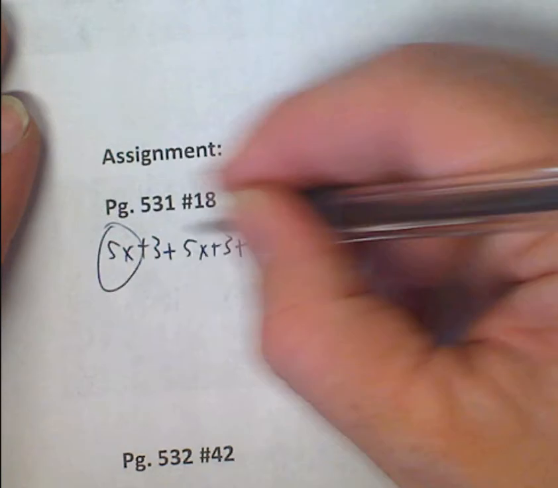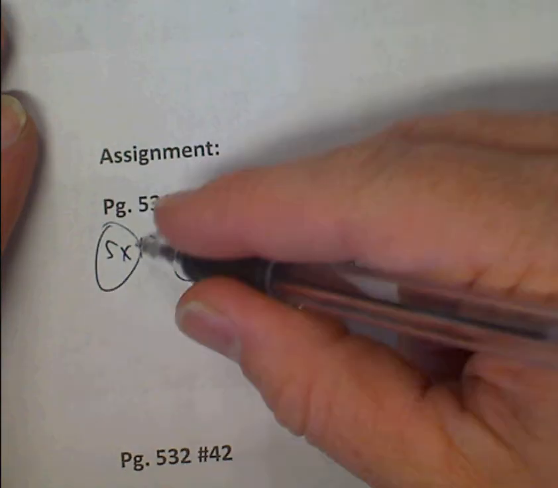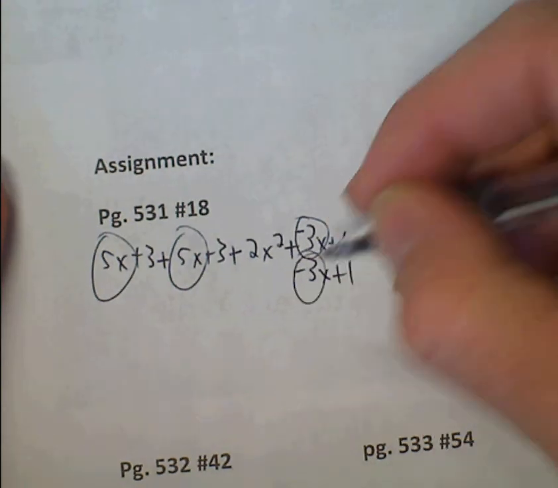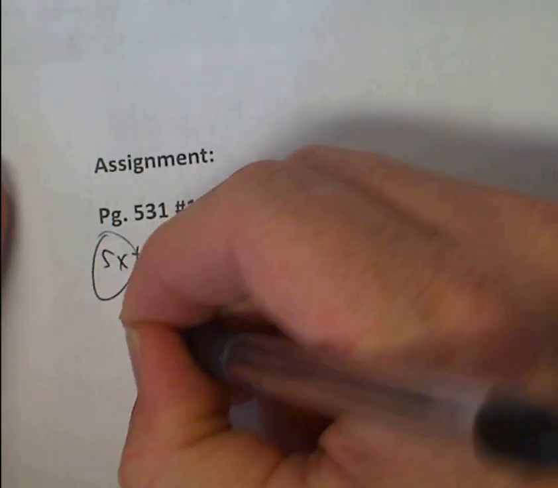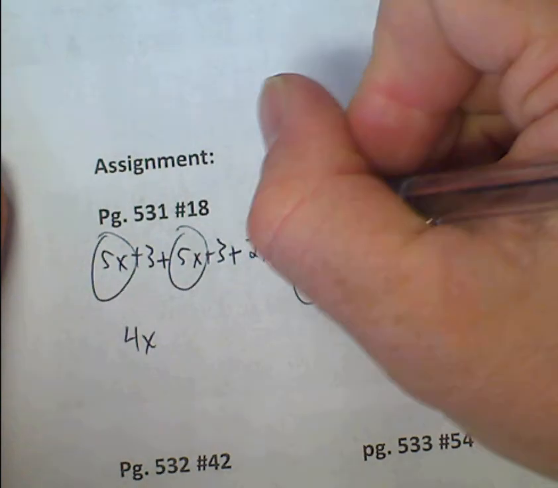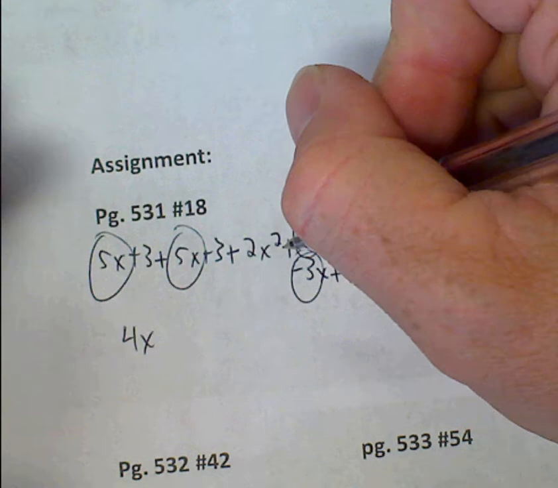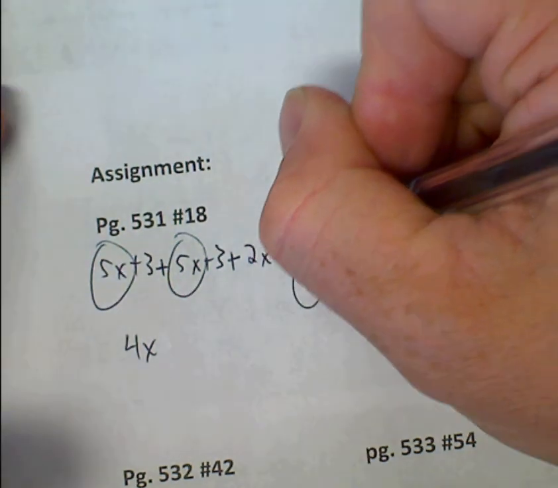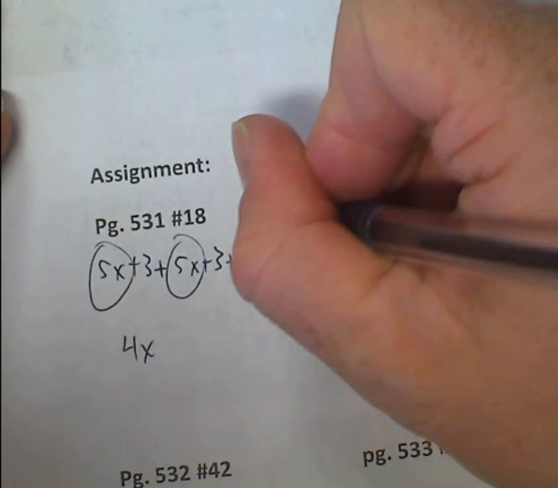So I got 5x, 5x. That's 10x. Minus 3 is 7x. Minus 3 is 4x. Then I have 2x squared plus another 2x squared. Sorry, I forgot to put another 2x squared.